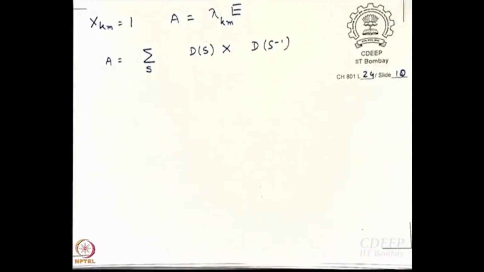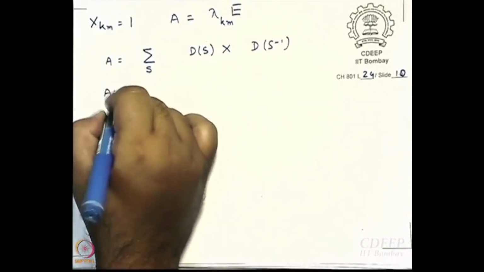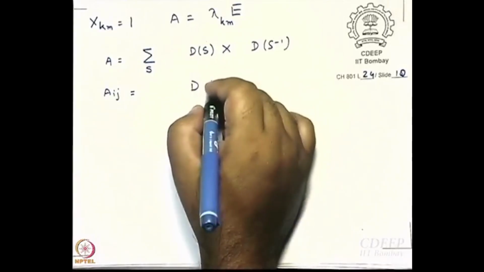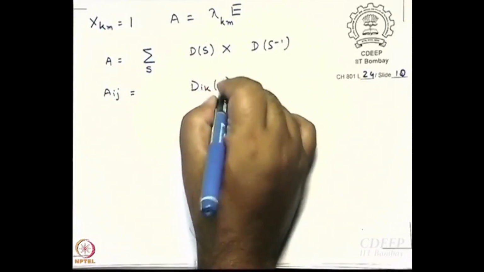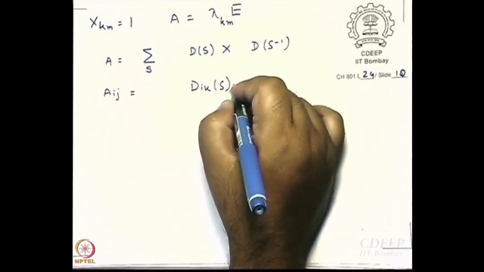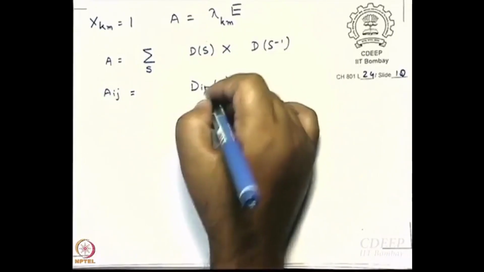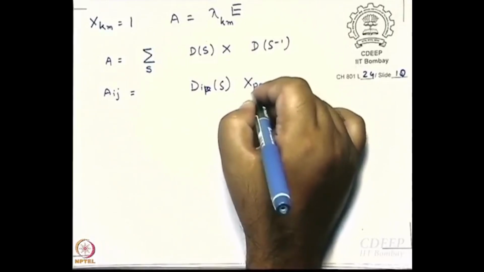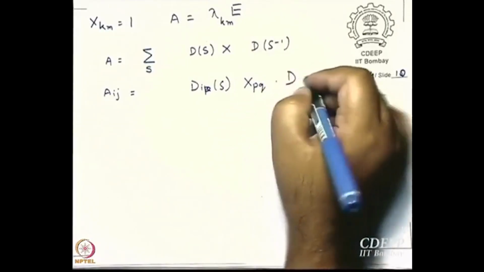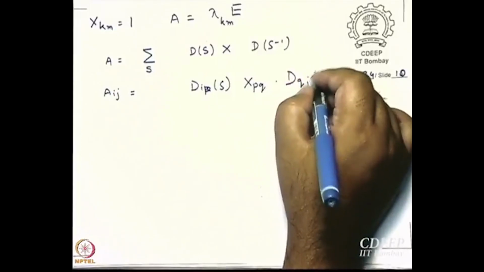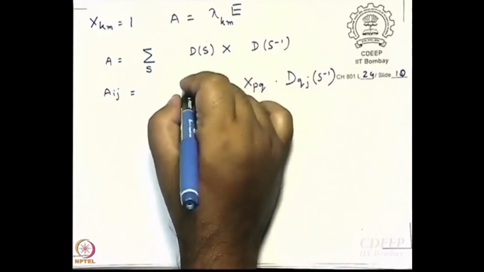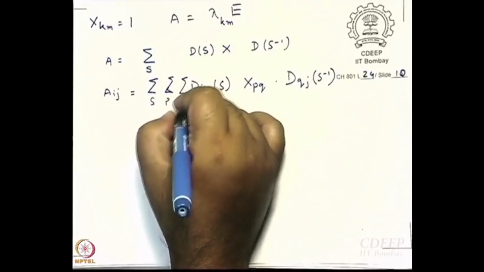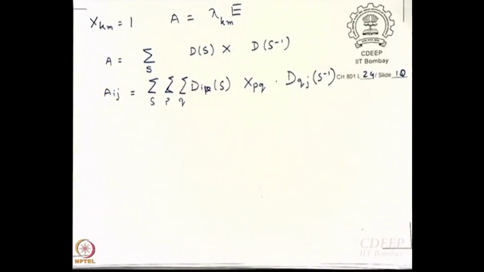Okay. Now, what is the matrix element Aij? Aij then is going to be, let us say, d ip S, sorry, let me call it d ip S, multiplied by Xpq, multiplied by d qj S inverse, sum over S, sum over p, sum over q, right?